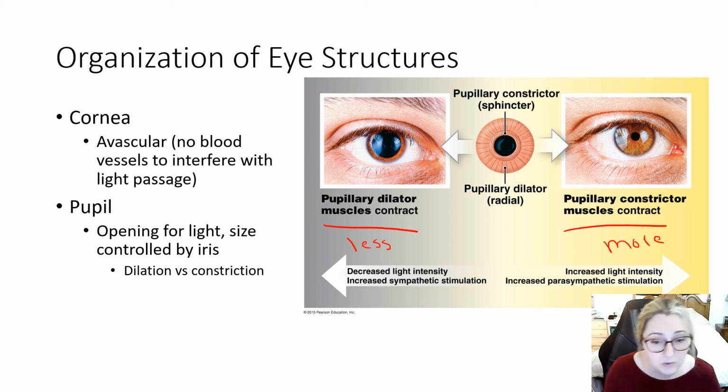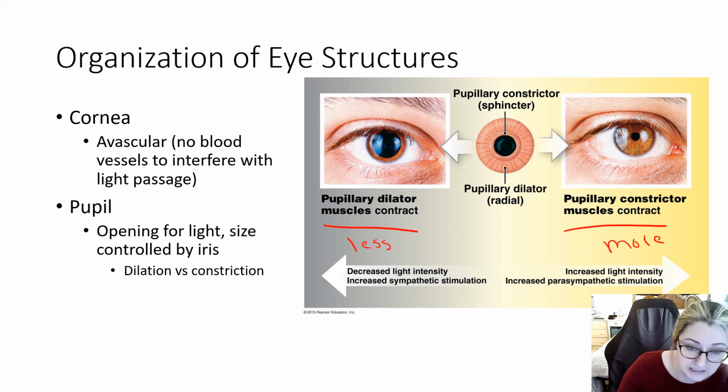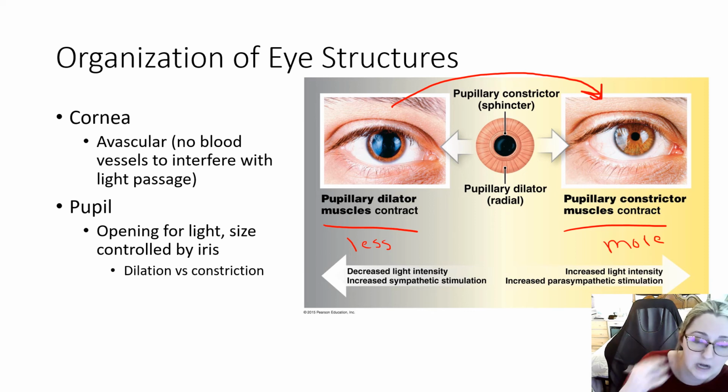You're trying to let more light in or let less light in. So when you walk outside from a dark room, like a movie theater, and the sun's really bright, your eyes hurt a little bit because you're going from this dilated state where it was dark to this more constricted state because all that light is suddenly pouring into your eyeball.